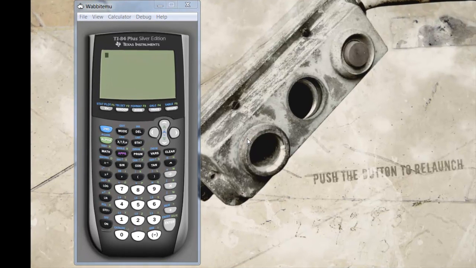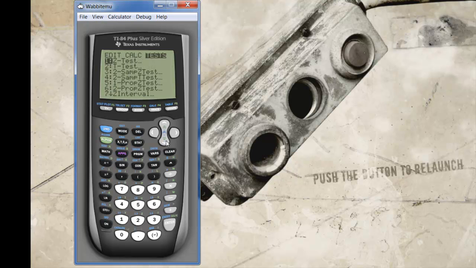For the one proportion z-test, stat tests, 1-PropZTest, and we had a p0 of 0.5, an x of 230, an n of 500, and we were doing less than, and then calculate.